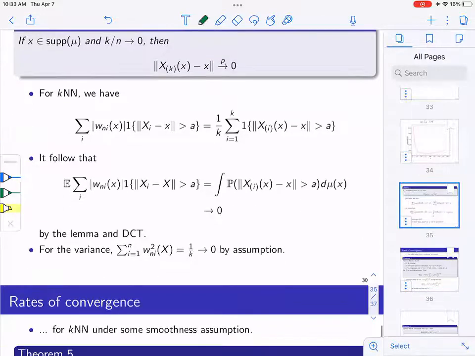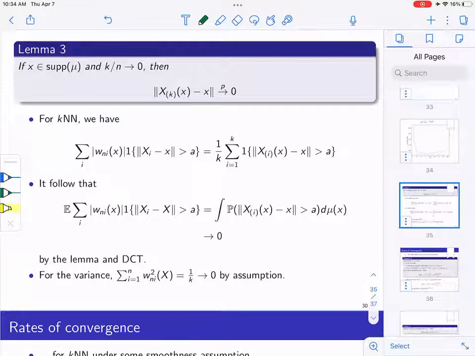The proof is quite simple, but let's accept this for now. See how we can prove this. So for k-nearest neighbors, if you accept this lemma, if I want to look at the bias, this is the locality assumption. So I want to control this quantity.